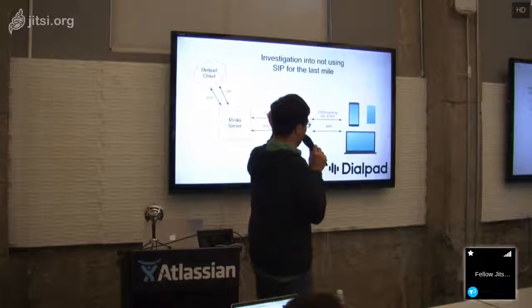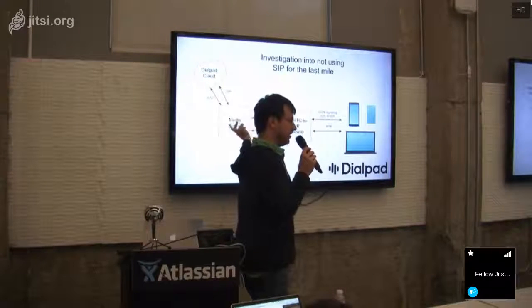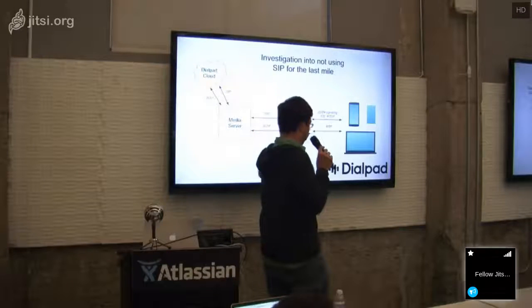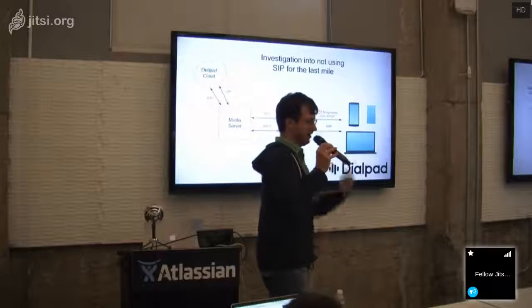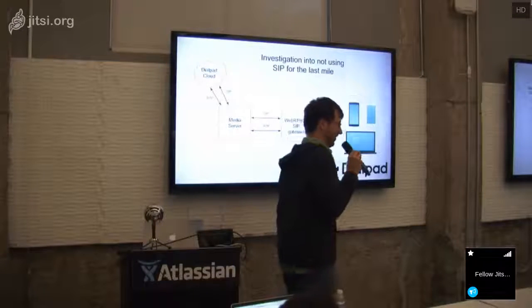And there is something to be said about passing the RTCP back all the way to this media server, but there might be opportunities to manipulate it here. That's something which we haven't quite figured out yet, but we're working on it. Yeah, great point.